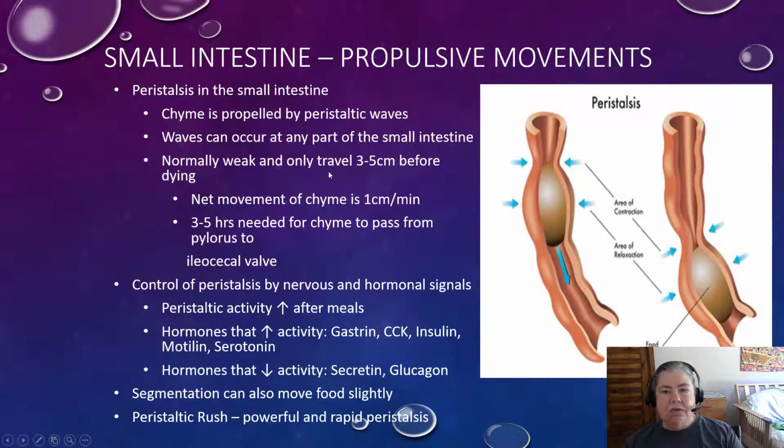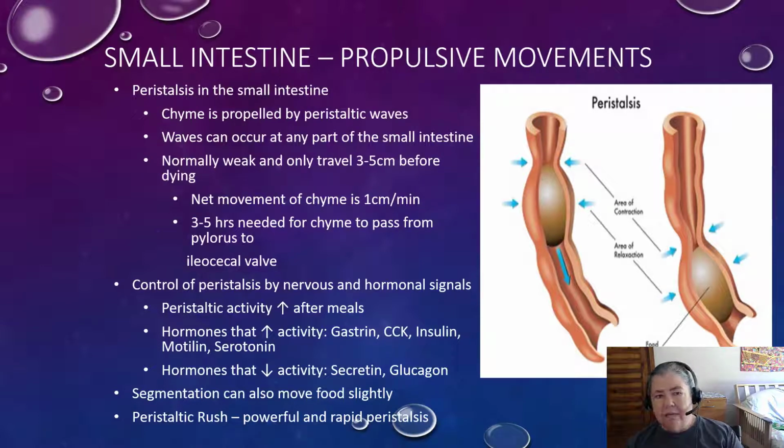Peristalsis is extremely important for moving the chyme forward to new areas of small intestine wall. Peristaltic movements aren't very long. So a peristaltic wave that propels chyme forward can only travel a couple of inches before it dies out. And so chyme moves forward at about a centimeter a minute.